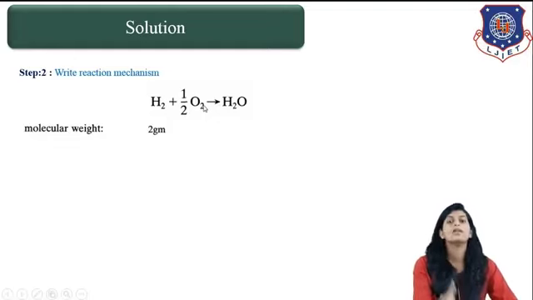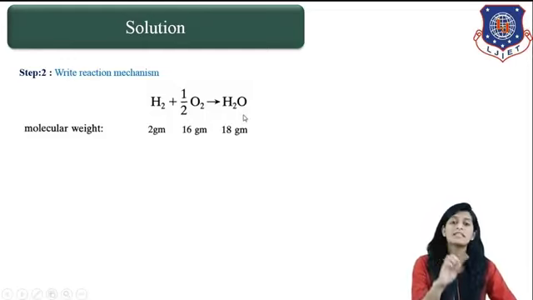Similarly, the molecular weight of oxygen is 32 grams, so if we are using half mole, it will be 16 gram. The final product will be the combination of both the reactants, so it will be 18 grams: H2, that is 2 gram, and O, which is 16. So 16 plus 2 is 18 gram.